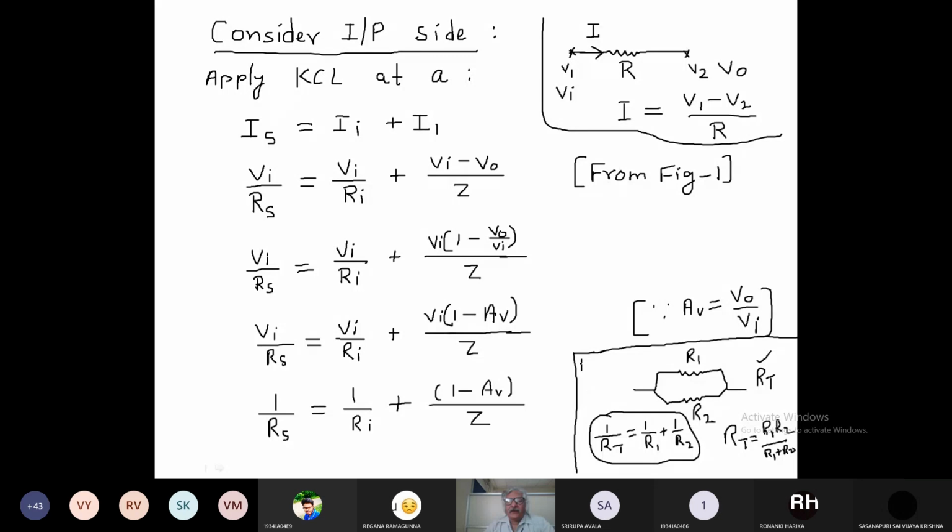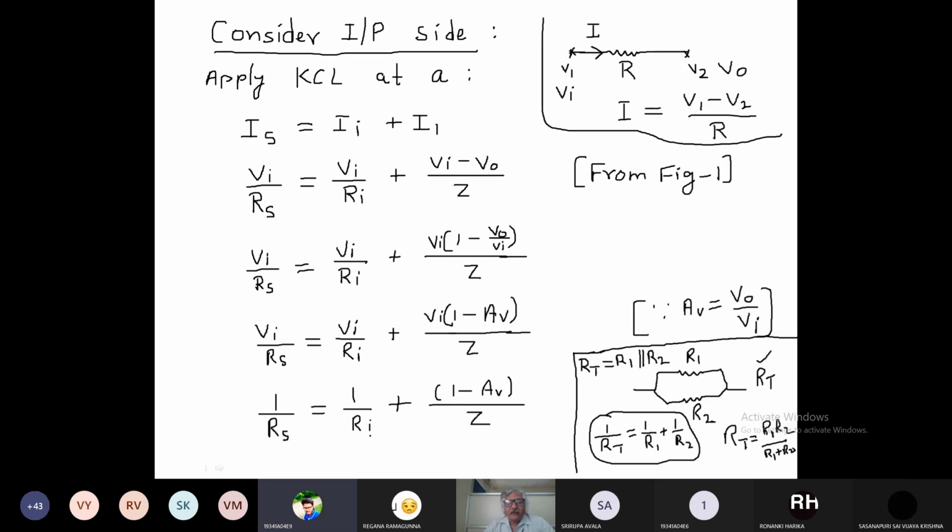This indicates that RT is equal to R1 in parallel with R2. Same way, if you see this expression, what are the two resistors in parallel?